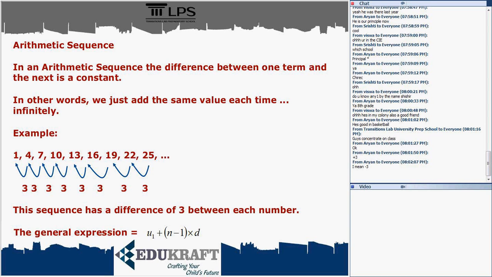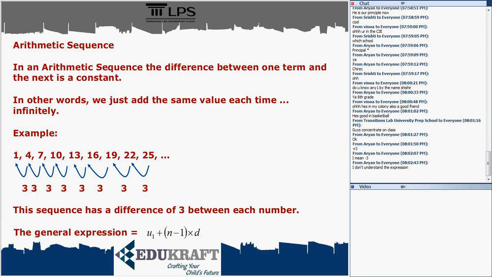Such a sequence is given by Un equals u1 plus (n minus 1) times d, where u1 is the first term, n is the order, and d is the common difference. So Un is going to be u1 plus (n minus 1) d.